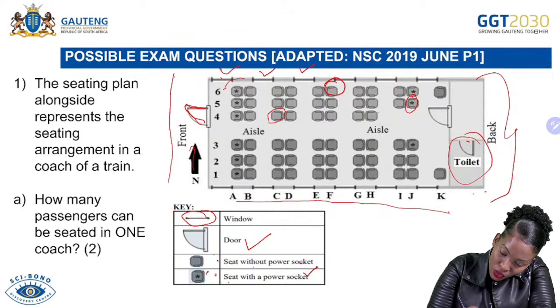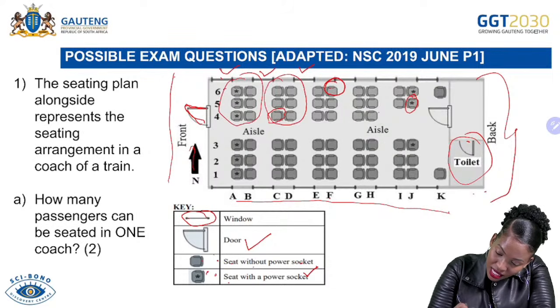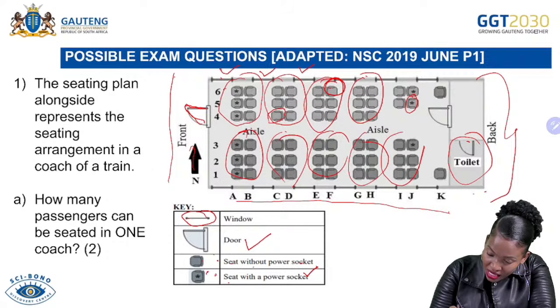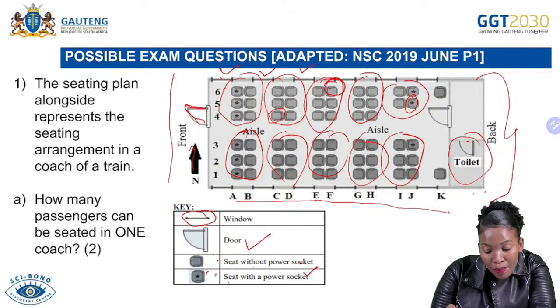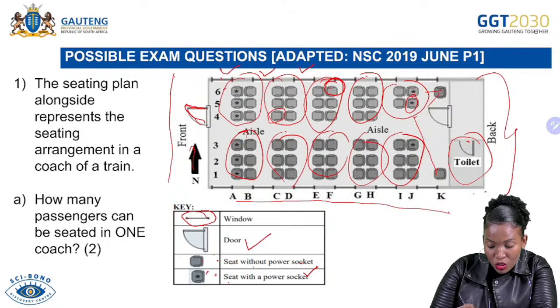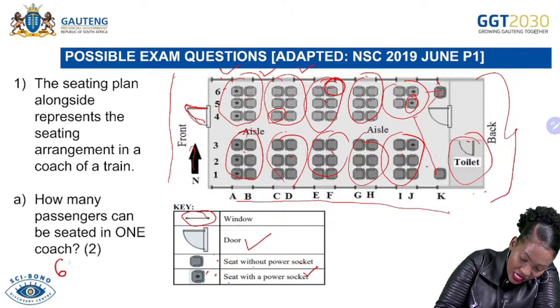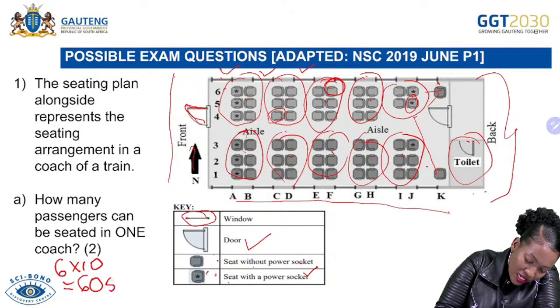So this block has 6. This one has 6. We've got 6. We've got 6. And then there's another 6, a 6, a 6, a 6. There's a 6. You've got 4 here, but there is 5. And then there is 6. So how many 6s do you have? 1, 2, 3, 4, 5, 6, 7, 8, 9, 10. So the number of seats there is 6 multiplied by 10, which equals 60 seats.